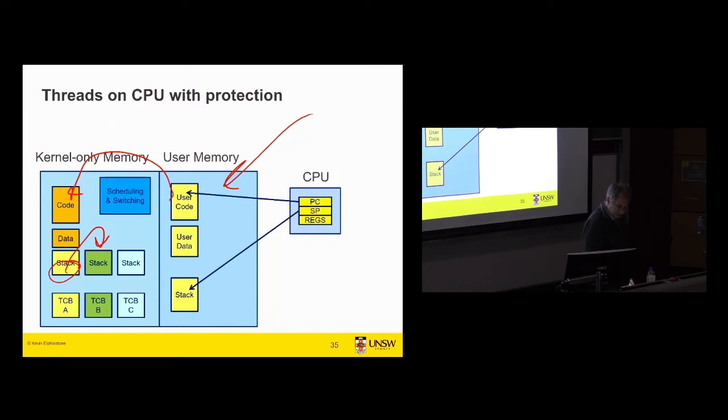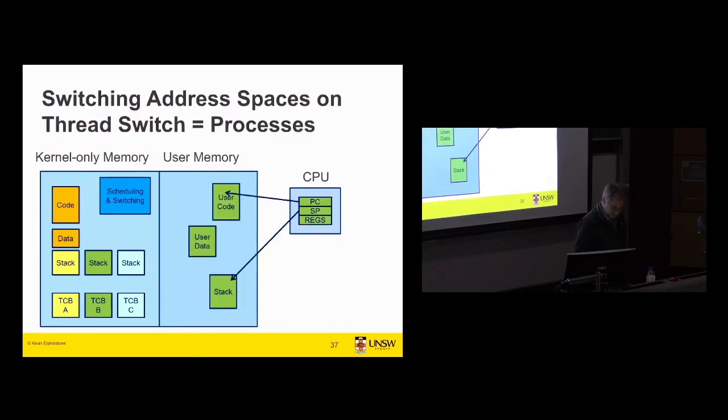The OS code, let's assume it was a timer tick, decided it may want to switch to a different application. Then we'd end up saving the state of the application onto the kernel stack, and then basically changing the idea of the current thread and the current process to a different stack. And then when we return back to the application, we'd end up with this situation where we're no longer running thread A, we're now running thread B. Because we've changed the view of memory when we did the switch. So that context switching code that we've looked at previously that simply switched the thread, there's obviously a little bit more baggage associated with it now.